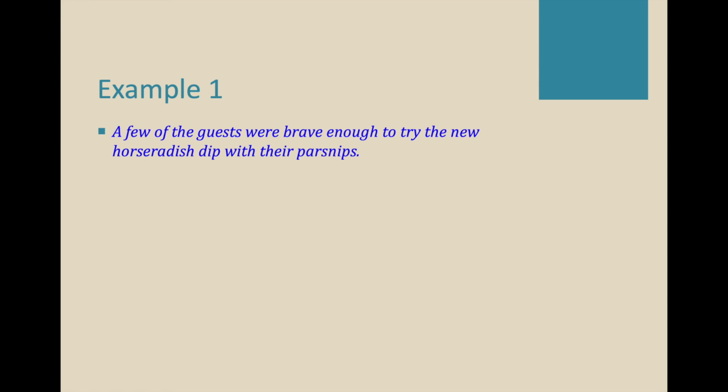It says that we're talking about the guests who were in the category, that is, who are included in the predicate term category of people brave enough to try the new horseradish dip with their parsnips, right? So that's a long description of the predicate term class, and you can abbreviate if you want, but it's nevertheless the class or category that is the predicate term class in this statement.